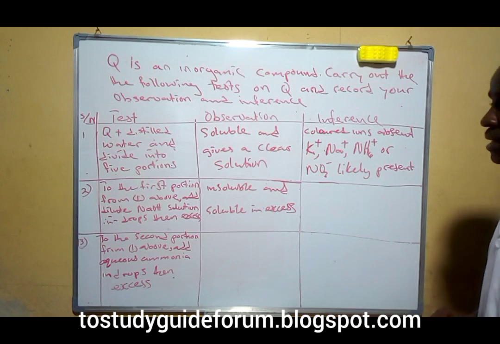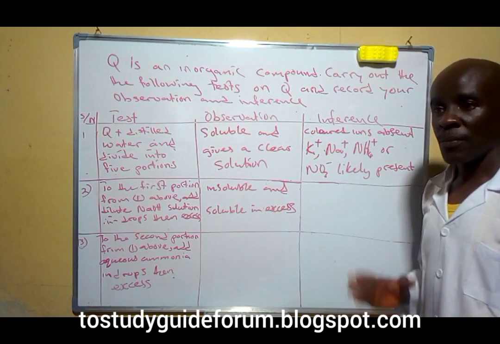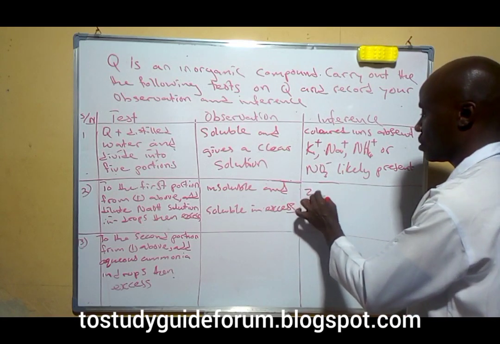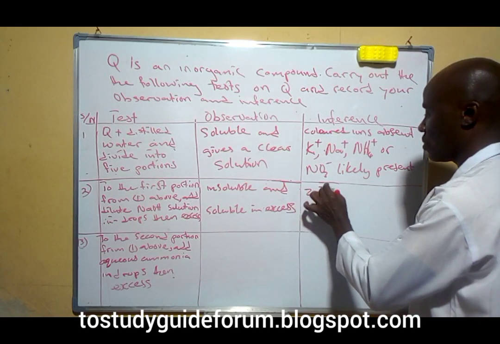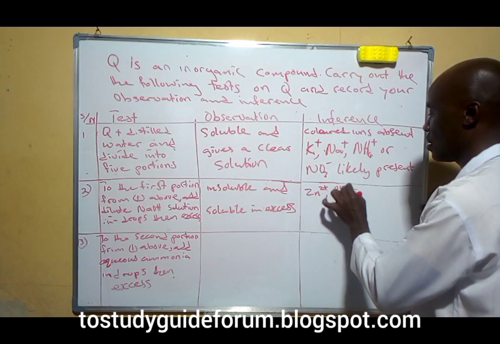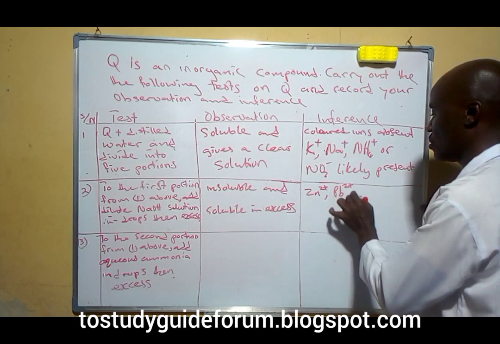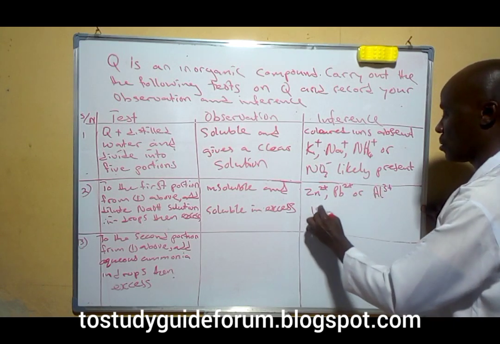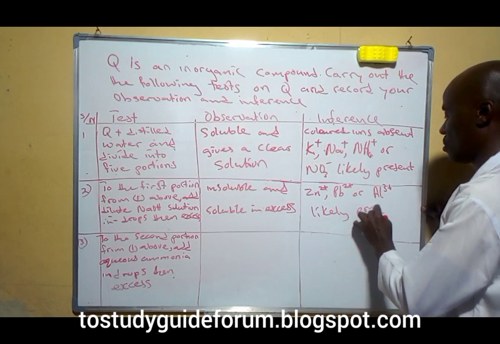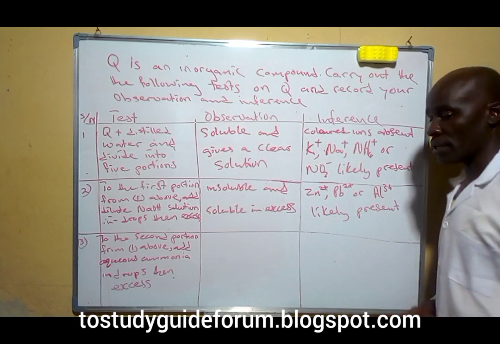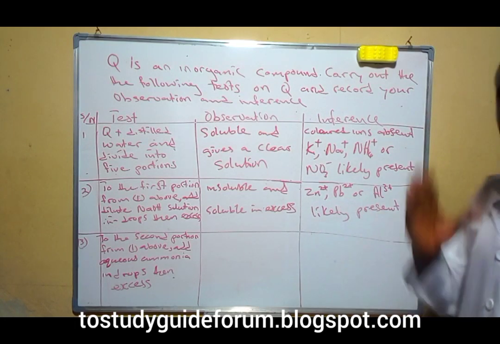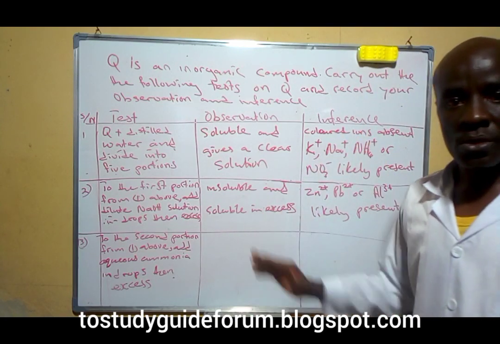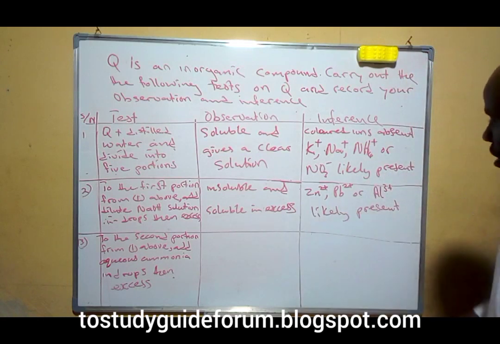There are possible ions that normally behave like that: zinc ion, lead ion, or aluminium ion are likely present. These are the three ions that can behave like this with sodium hydroxide, insoluble in drops, soluble in excess.